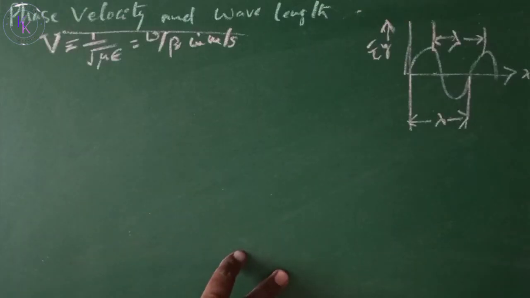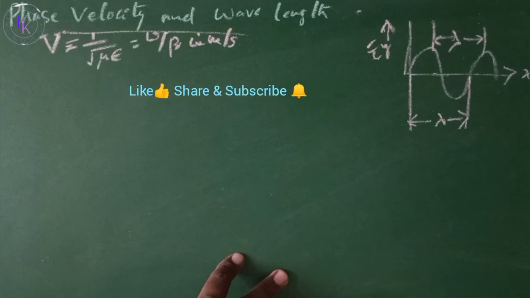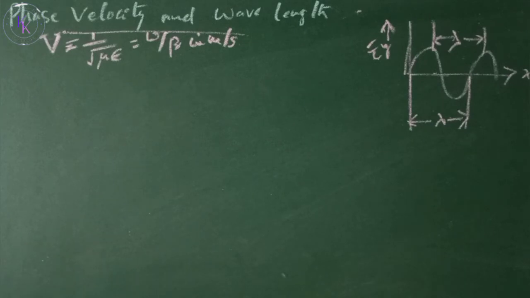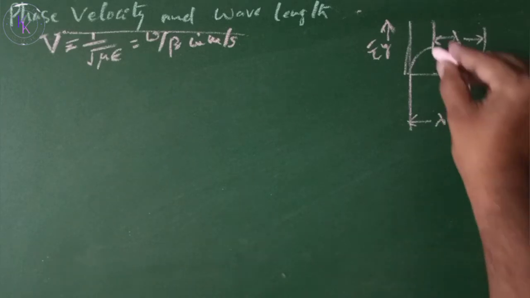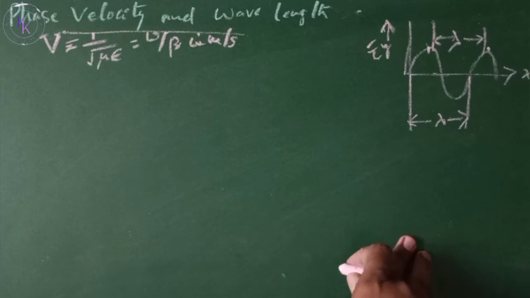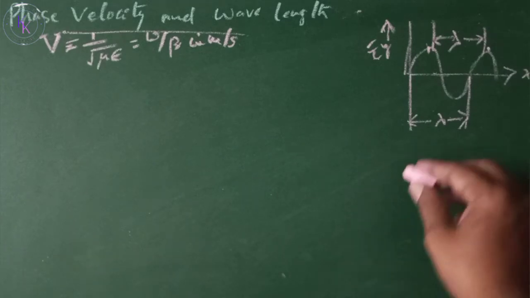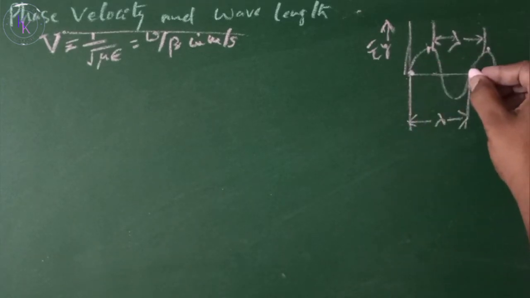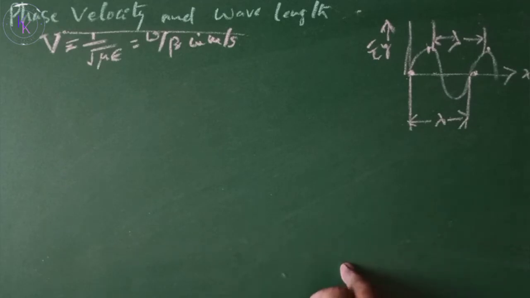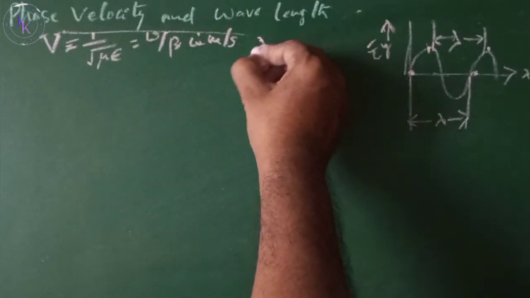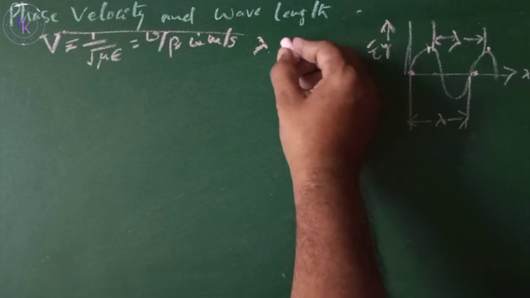Wavelength is defined as the distance between the corresponding points of two adjacent cycles of a waveform. It is the distance over which the phase advances by 2 pi radians. Now consider a positive crest of two adjacent cycles or positive zero of two adjacent cycles. The length is denoted by lambda, measured in meters.